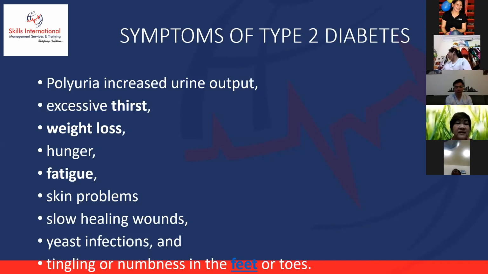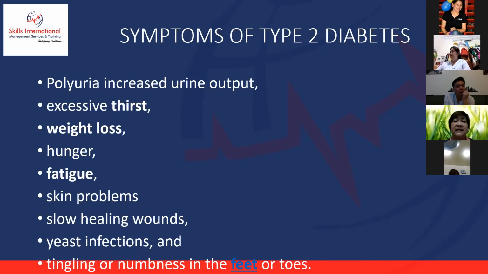So you think maybe it needs antibiotics, so better go and check with the doctor. When you see the doctor, it is found out that you have a glucose problem. Okay? So slow healing of wounds is also a symptom.